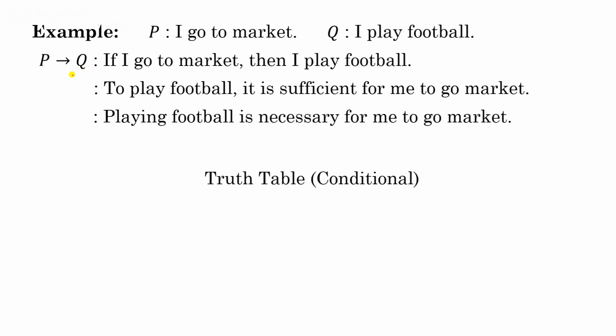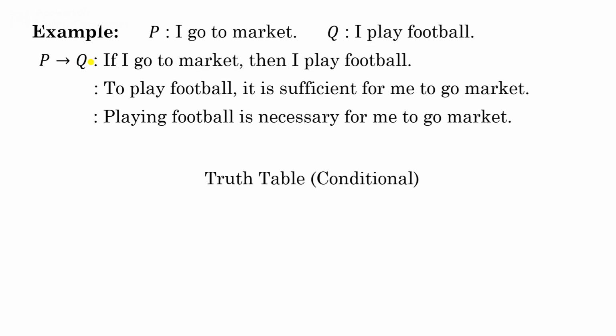Again remember that here P is a sufficient condition, not a necessary condition. P implies Q means if P then Q, meaning if P is true, the sufficient condition is true, then Q must be true for the statement P implies Q to be true.